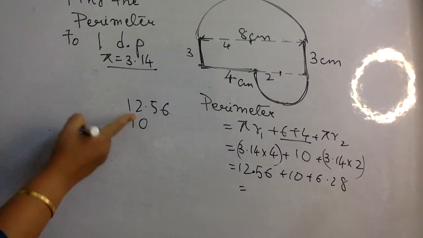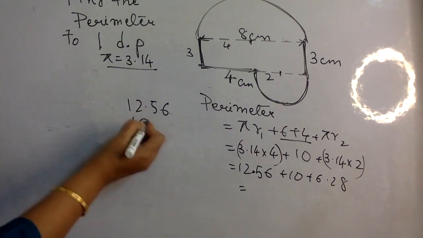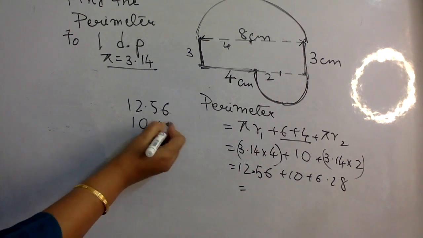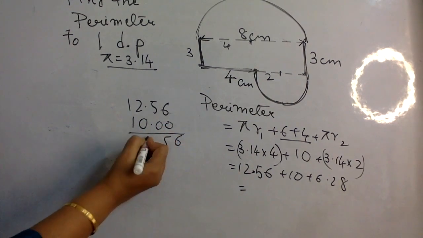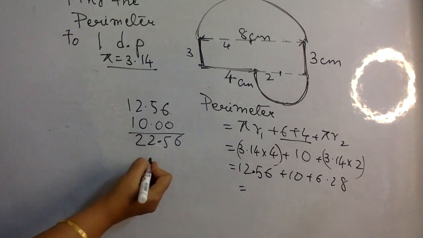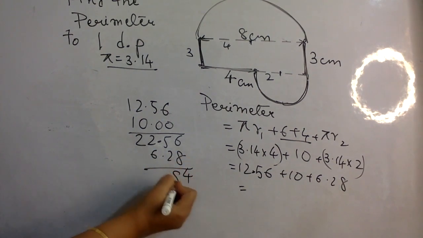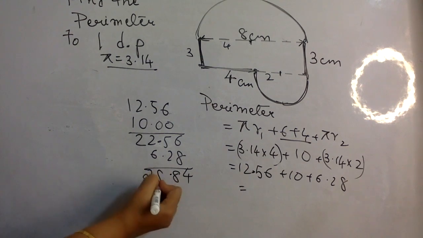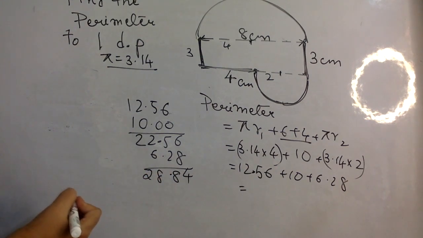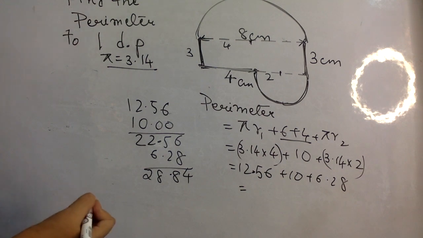Put the 10 down here. Okay, so we assume that the 10 has 0.00. Let me add these two first: 22.56, then take the 6.28, and it is 28.84.